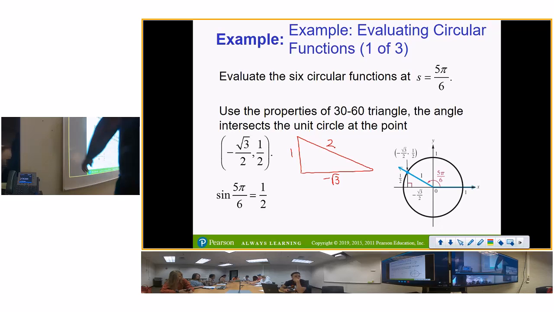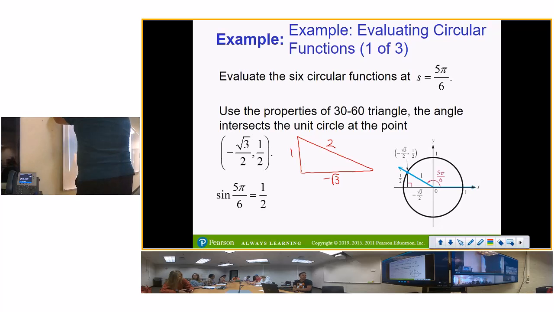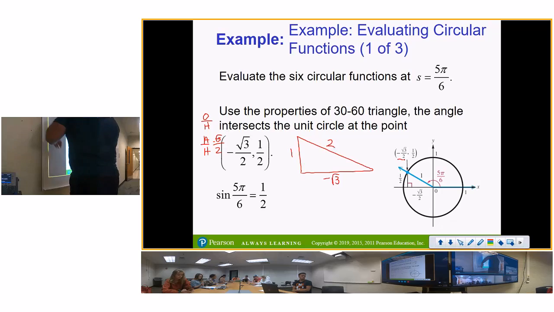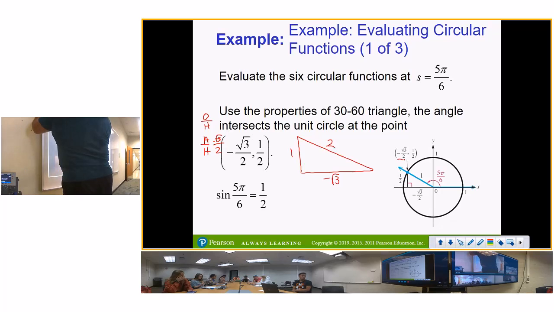So Oscar had, we know we need sine and cosine. So Oscar had a hump. A is going to be negative square root of 3 over 2. And that's your cosine. So right here, you put your cosine. And then what is Oscar had?